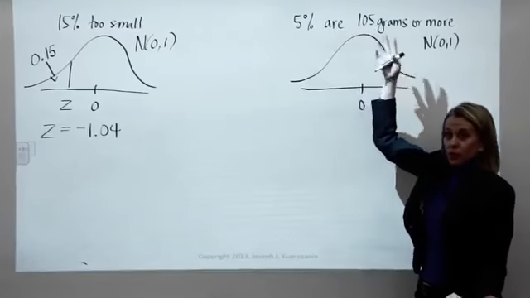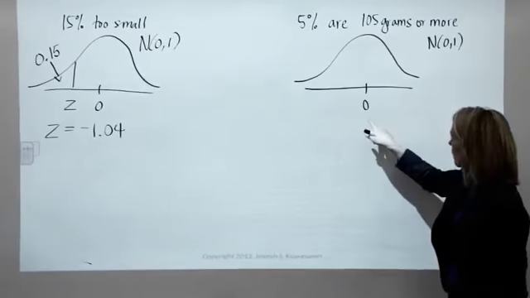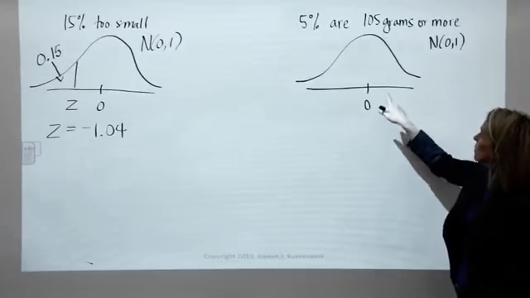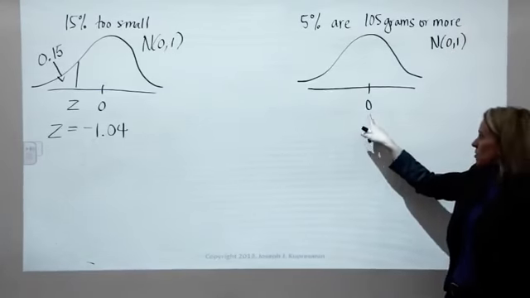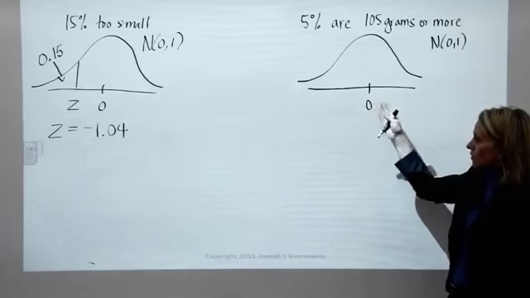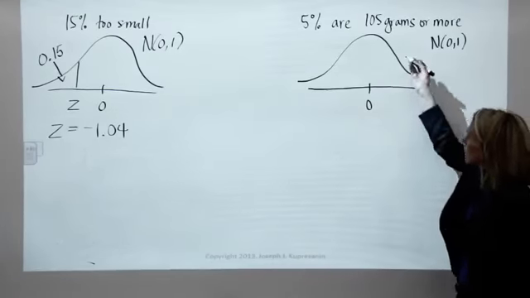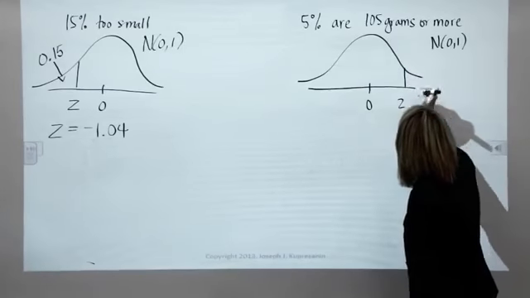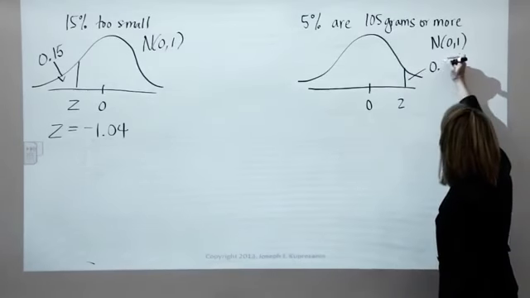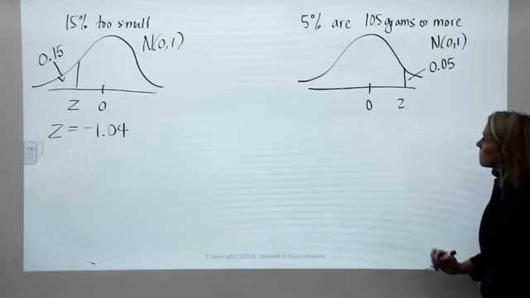Five percent of the apples are heavy. We don't know what the average is here, but if 5% of them weigh that amount or more, the average has got to be smaller if we were actually looking at the weights, not the z-scores here. So we've got some kind of z-score here, don't know what it is, where the area out in this tail is the top 5%.